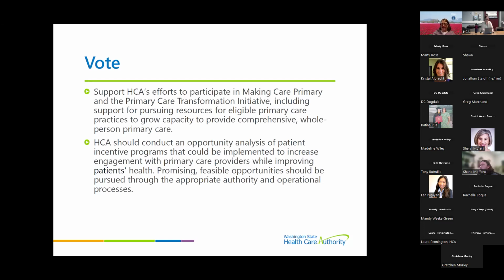It's a little more action oriented. But making care primary has more recognition right now than our PCTM stuff does. So figuring out how to communicate that best is the tricky part.